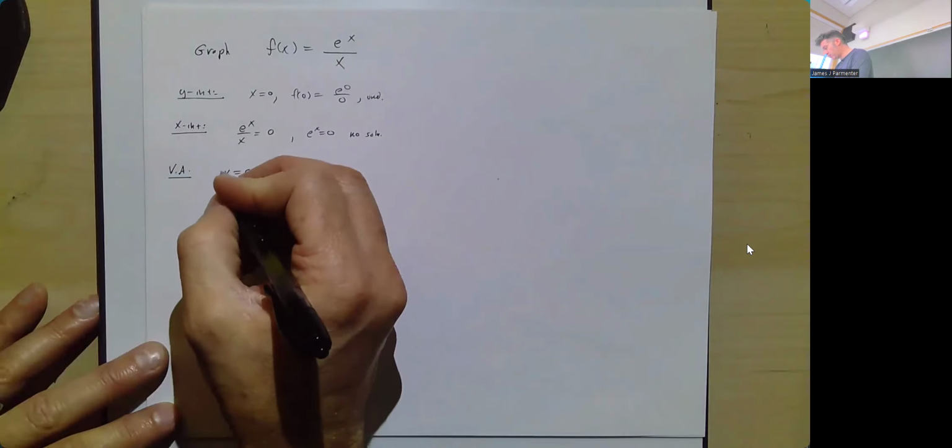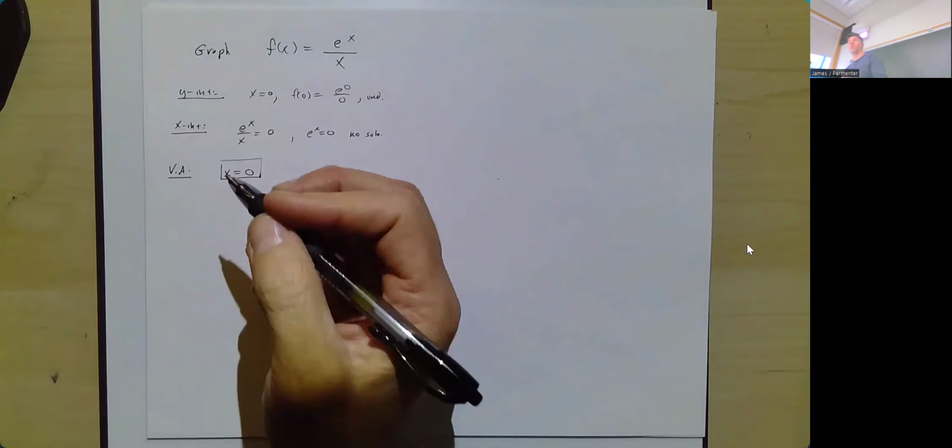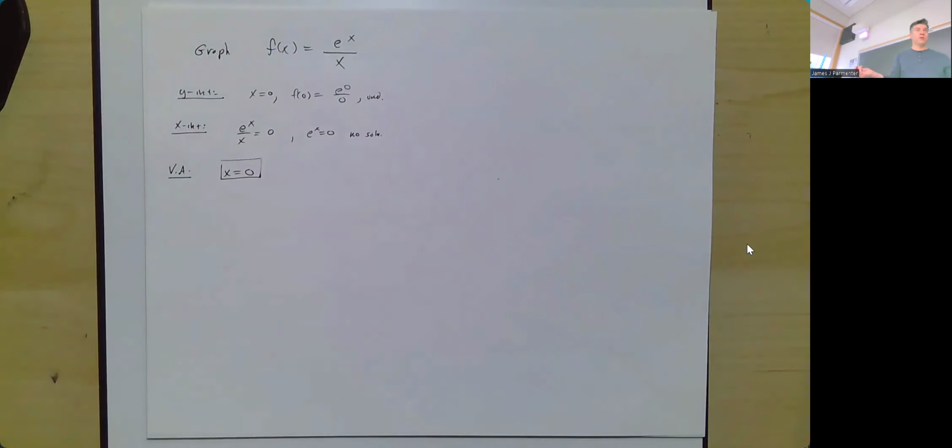Now I should mention there is one other way you can get a vertical asymptote. But usually you get a vertical asymptote when you have something like 5 over x minus 2, and your vertical asymptote is x equals 2. The other way you can get a vertical asymptote without dividing by 0 is by having a logarithm. Logarithms have vertical asymptotes at the value of x that would make you have to try and take the log of 0.